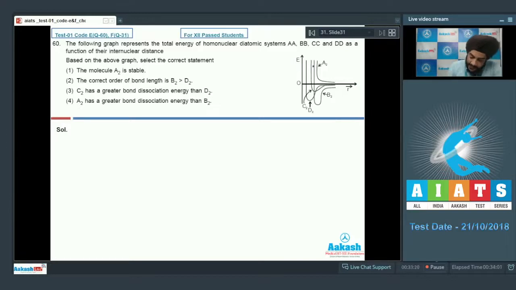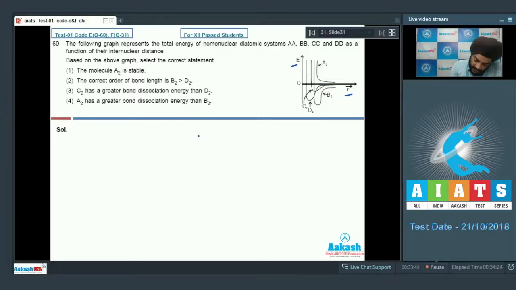Students, we know that this graph represents the variation of energy with the internuclear distance r. So the minima in this curve represents the bond energy, and the distance at which the minima occurs corresponds to the bond length between the two atoms.